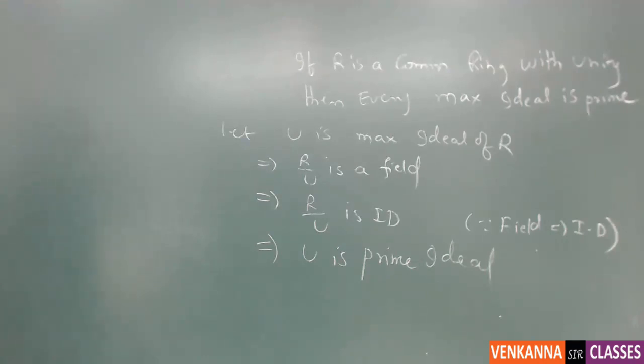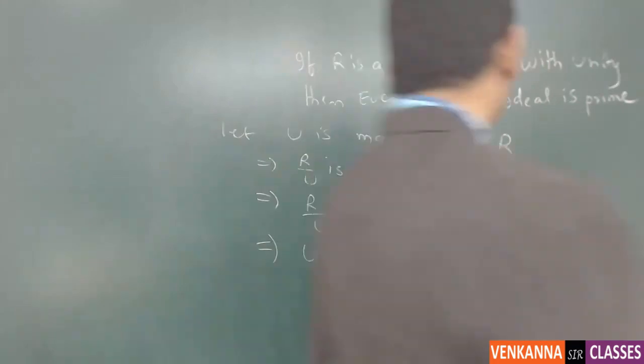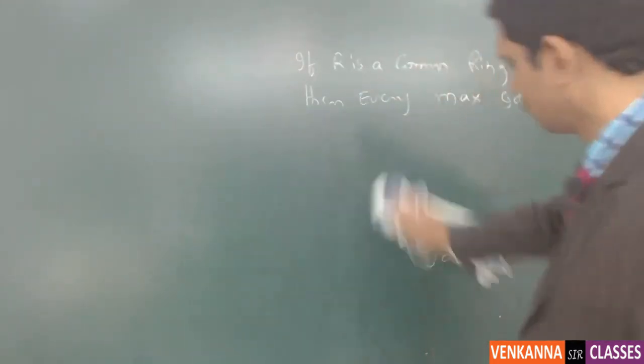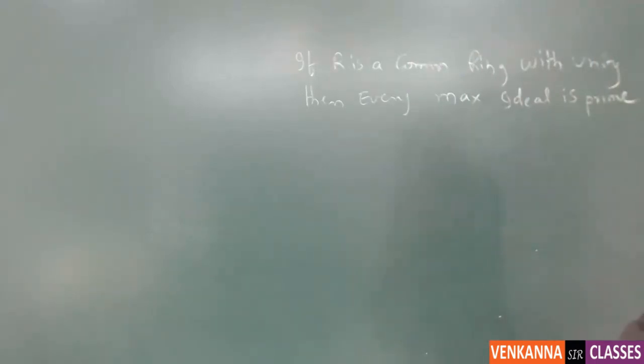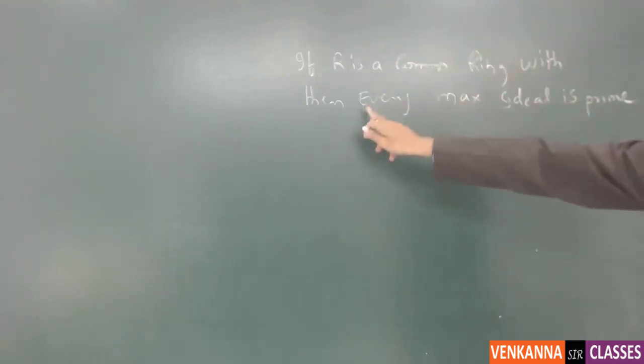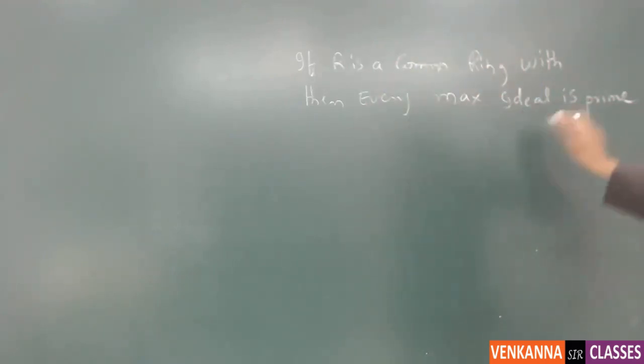Okay. Now the question is, what happens if the word unity is removed? That means, if R is a commutative ring, then every maximal ideal is prime?